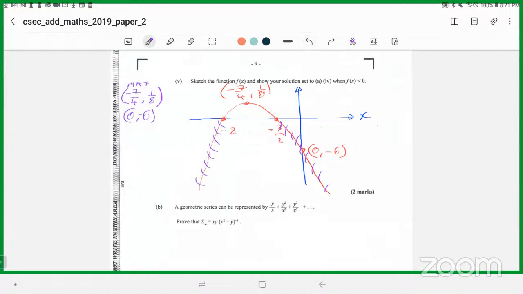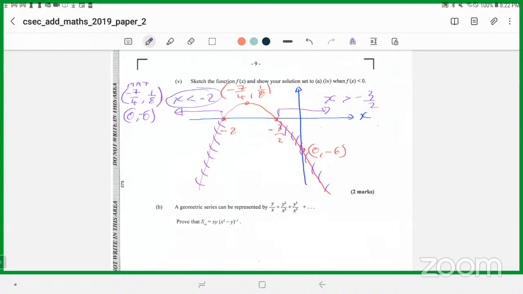And you're not including the two points because on the x-axis, the y values are equal to 0. This part of the graph is obtained by x values to the right of this root, which means x is greater than negative 3 over 2. And this part is obtained by x values to the left of this root, where x values are less than negative 2.